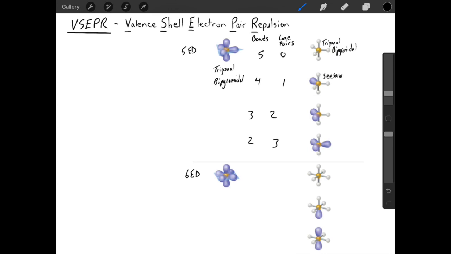And this is because it looks like a seesaw or teeter-totter. Sometimes it helps to draw it at a different angle. You can imagine the solid lines pivoting around the dashed and the wedged lines, just like a teeter-totter. And an example of something like this would be SF4.